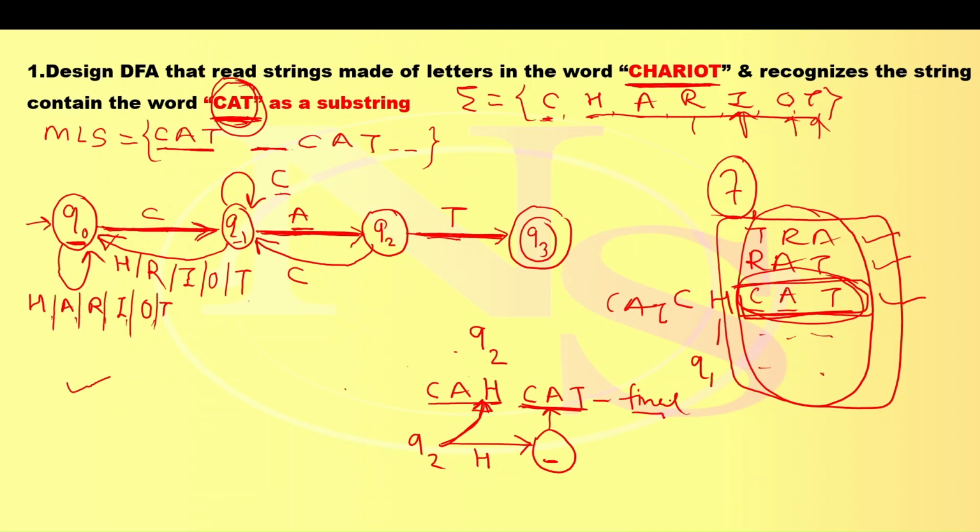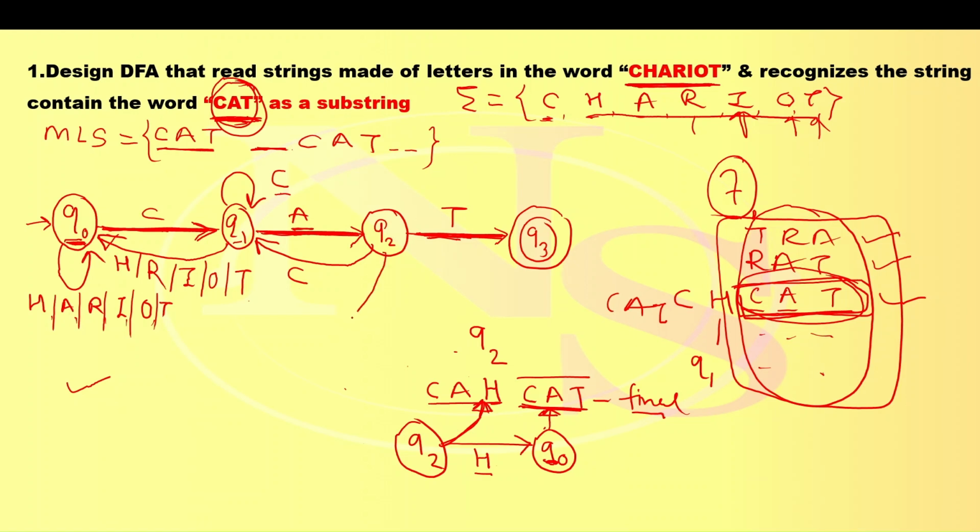Which state reads CAT and goes to final? That's Q0. So the transition from Q2 for symbol H will go to Q0. This other state is nothing but Q0, and Q0 will be reading the remaining symbols. So Q2 to Q0 for symbol H.